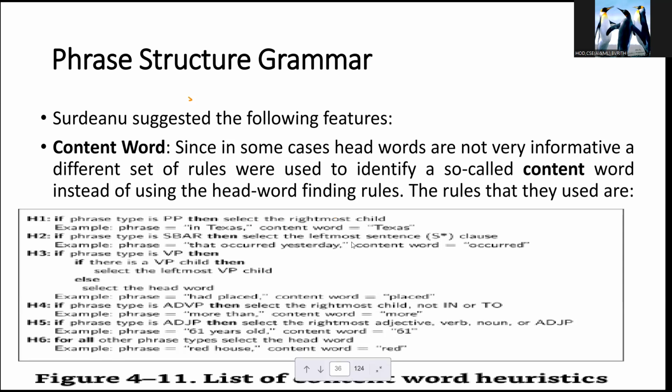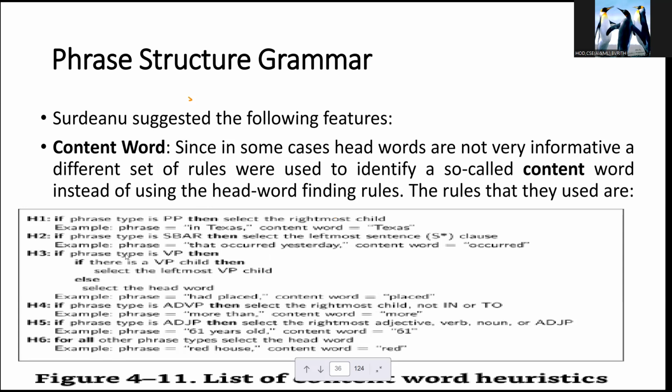Say for example, the algorithm is like this: head words are H1, H2, H3, H4, H5, H6, the list of head word related heuristics, that is different types of conditions of the head words. If your phrase is in Texas, then the content word becomes Texas. If your phrase is that occurred yesterday, the content word becomes occurred.